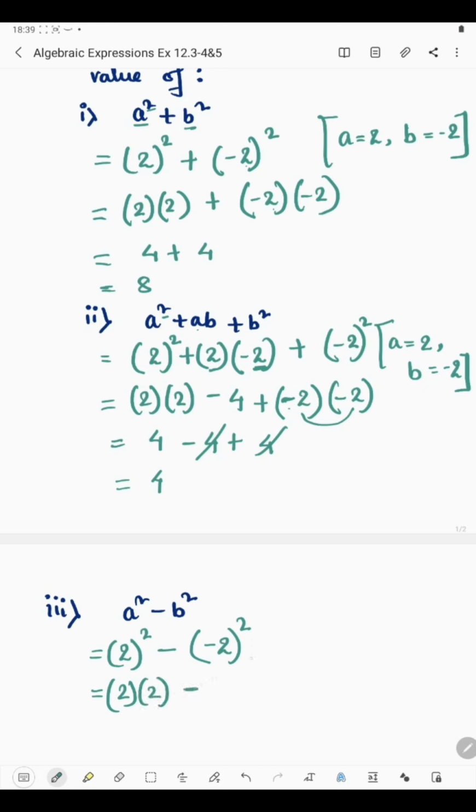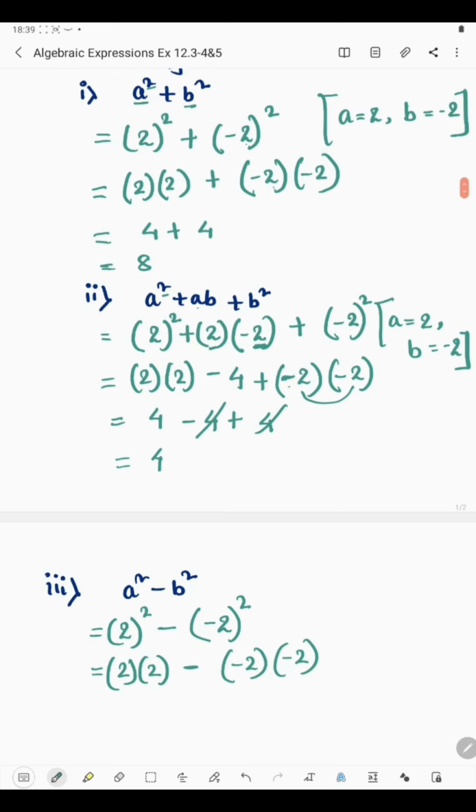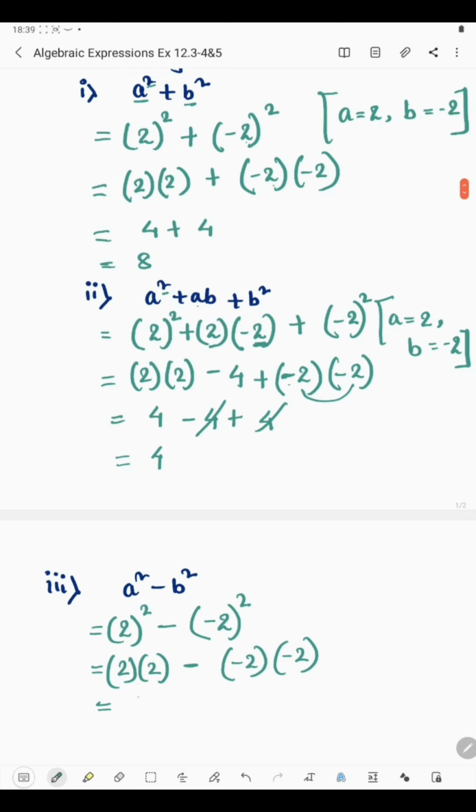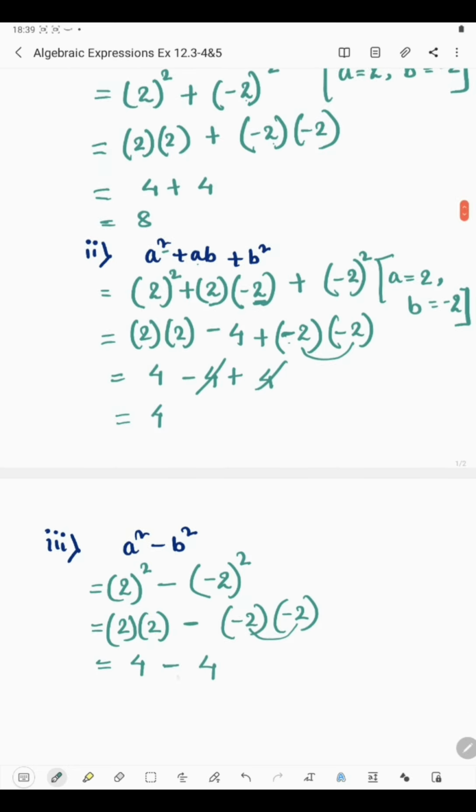Now minus 2 square means minus 2 into minus 2. So 2 into 2 is 4 and this minus will become plus. Now 4 minus 4 is 0. So the answer of this part will be 0.